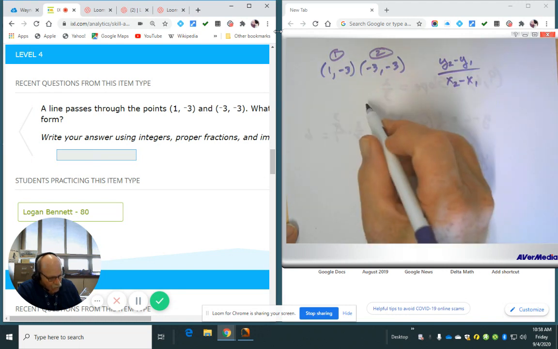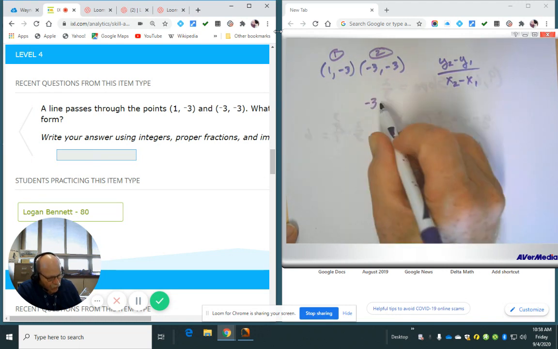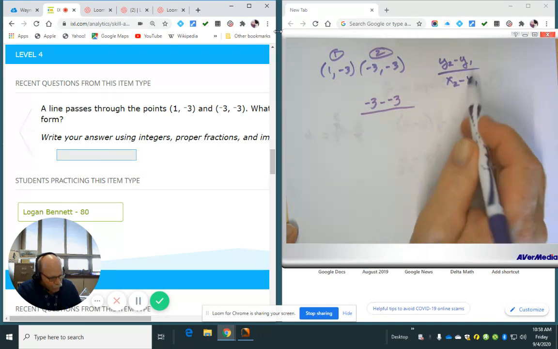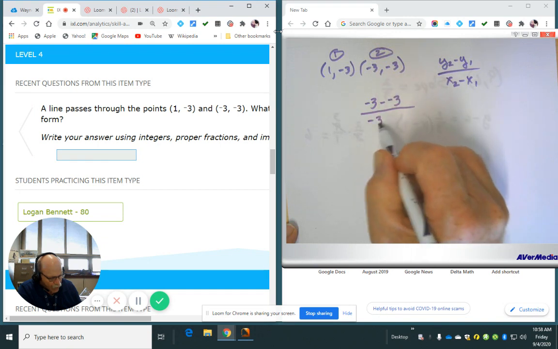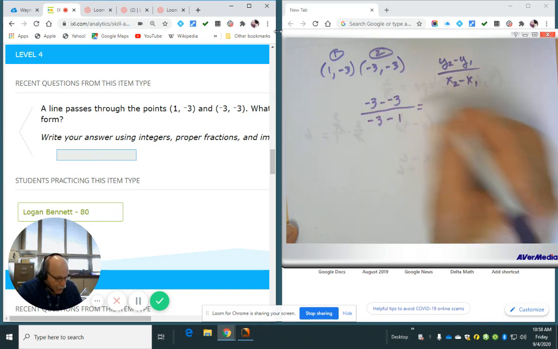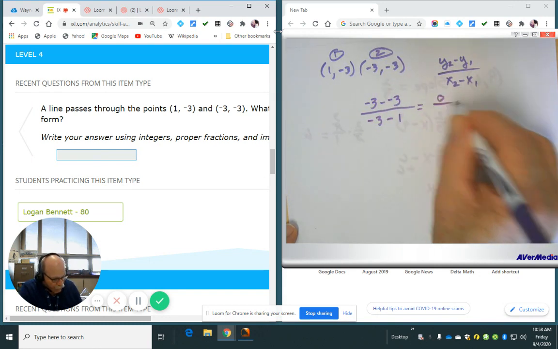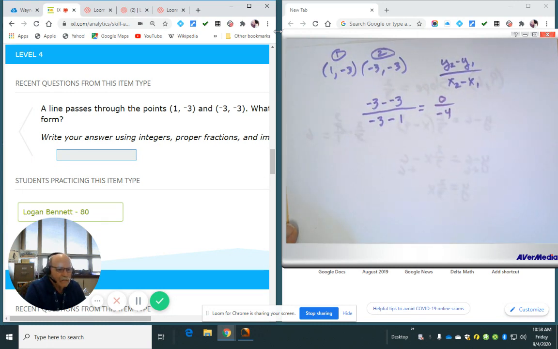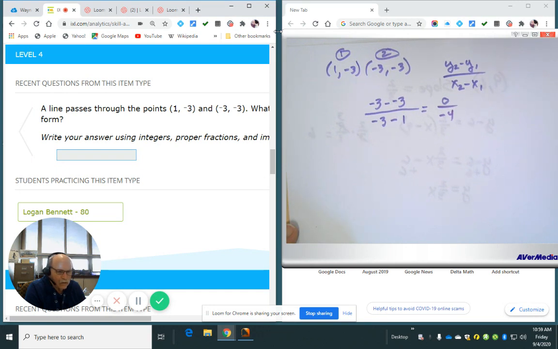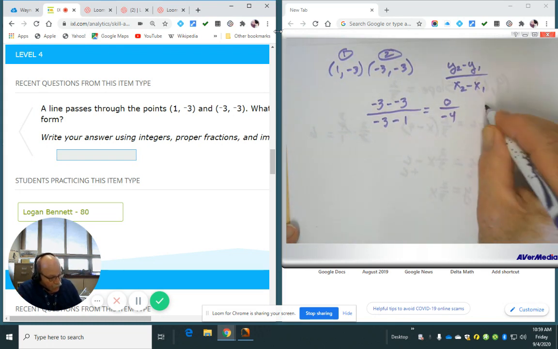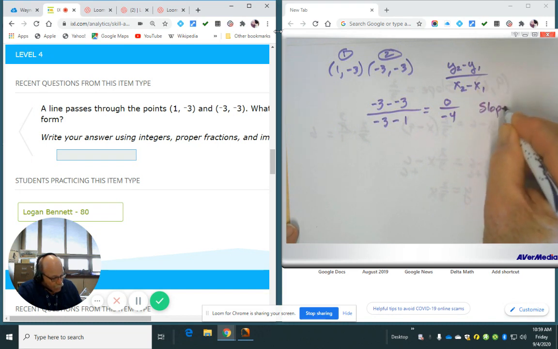So I get -3 minus -3 over -3 minus 1. -3 minus -3 is 0, and -3 minus 1 is -4. 0 divided by anything is 0. So we know the slope equals 0.